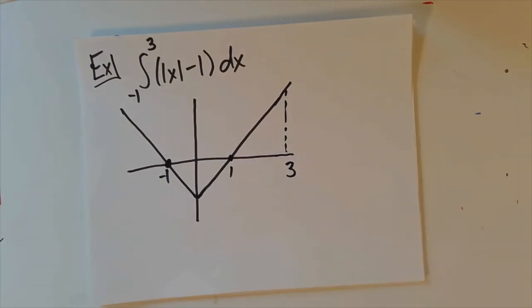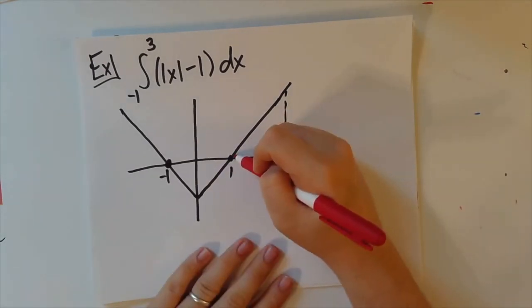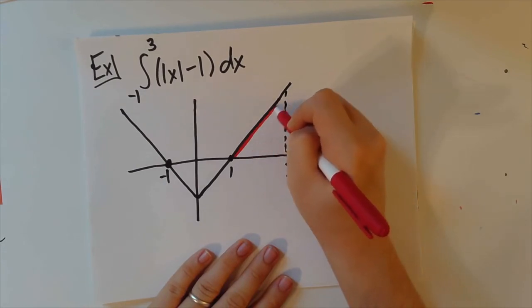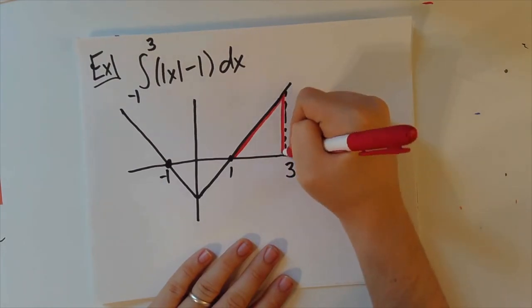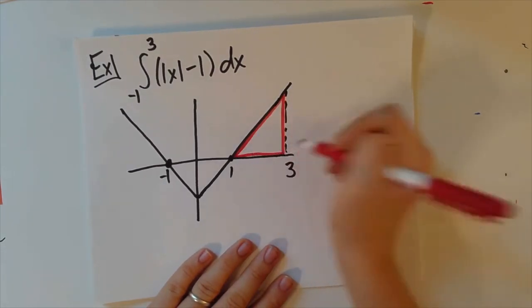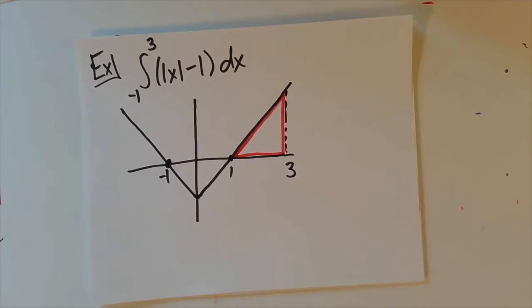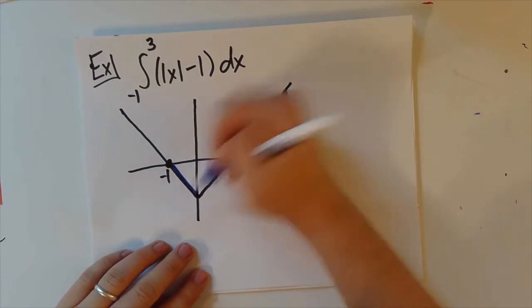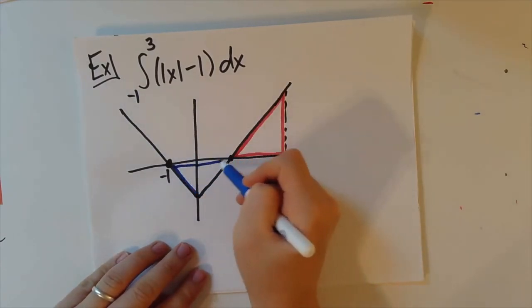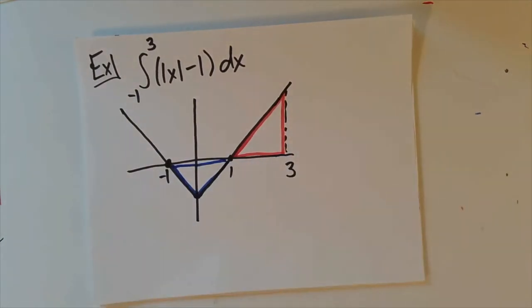So when I go to break this up into regions, I'm going to have this region, which is going to get counted as positive, and I'm going to have this region, which is going to get counted as negative. And so I just need to figure out what the areas of these different triangles are.